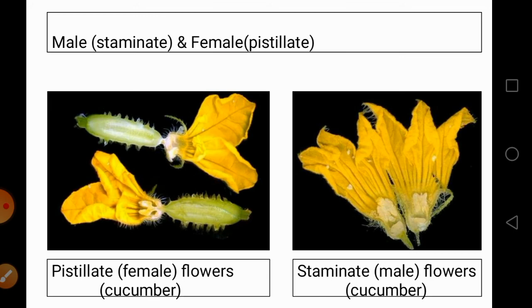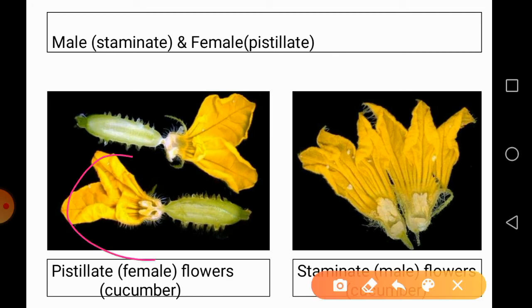When we say pistillate flower, if your flower has only gynoecium and androecium is absent, so your flower will have calyx, corolla and gynoecium, then that flower is said to be a pistillate flower because the female reproductive organ is present and the male reproductive organ is absent. Then staminate flower means the flower which has calyx, corolla and only androecium.